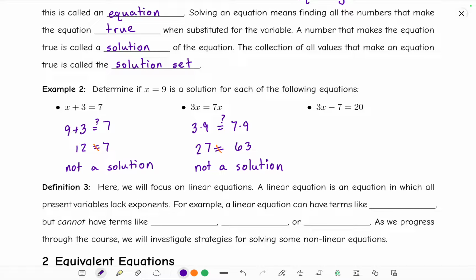And finally, for 3x minus 7 equals 20, well, does 3 times 9 minus 7 equal 20? 3 times 9 is 27. 27 minus 7 is 20. That checks off. So this is a solution.